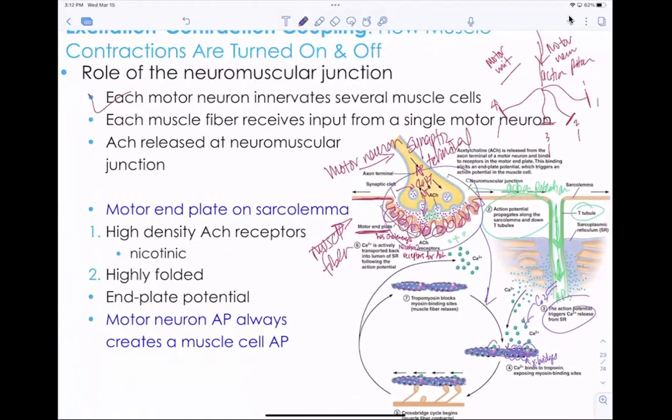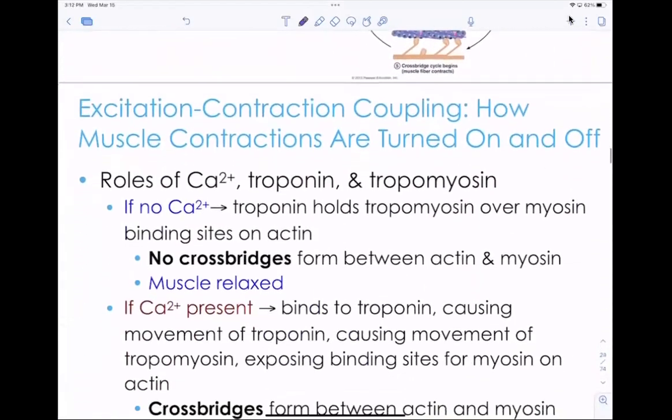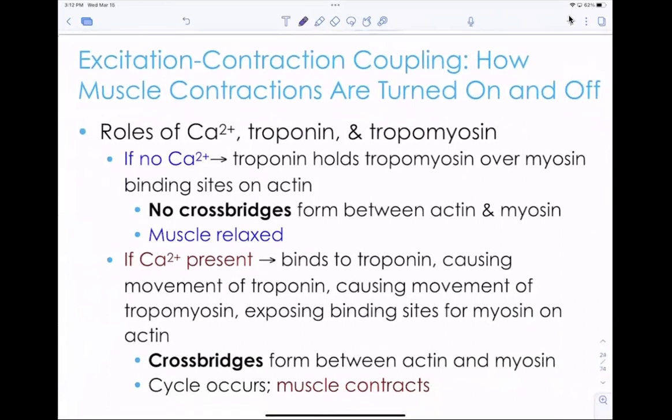So going through this, the motor end plate on the sarcolemma has a high density of nicotinic cholinergic receptors for acetylcholine. It's always going to be excitatory. It's always going to cause the muscle to generate an action potential. So calcium, a signaling molecule stored in the sarcoplasmic reticulum, binds to troponin, causes tropomyosin to move off active sites for myosin heads to bind.